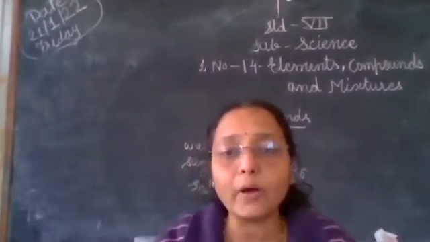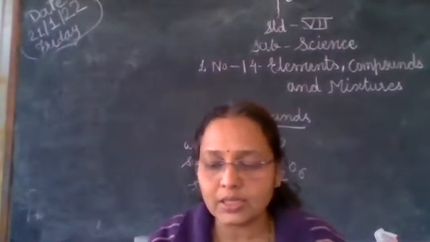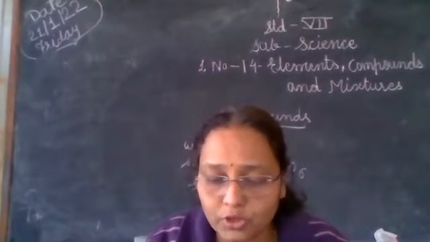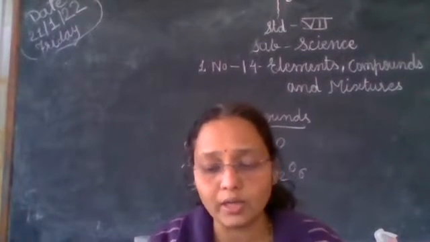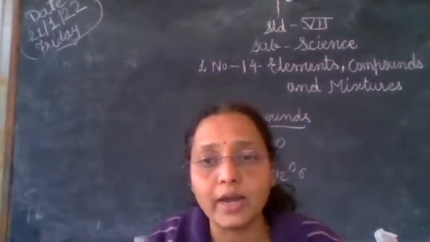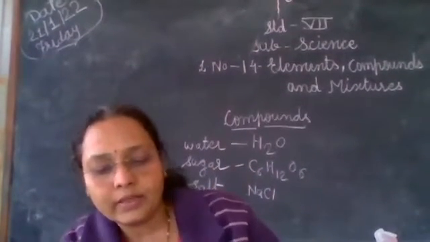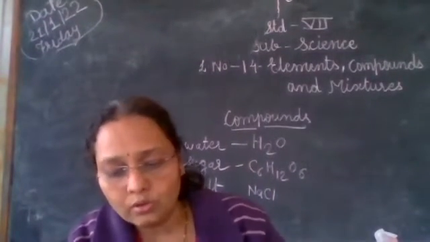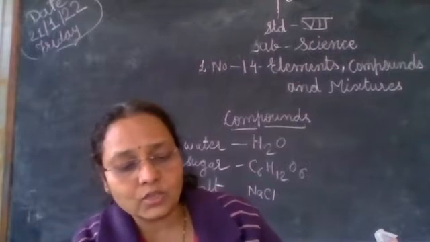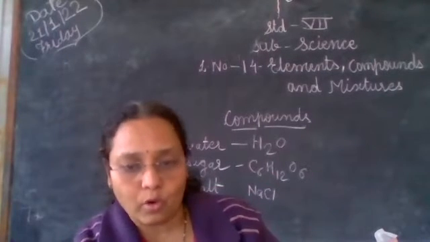A typical compound always contains the same elements in a fixed proportion. For example, water always contains hydrogen and oxygen in the ratio of 2:1, regardless of the source of the water.